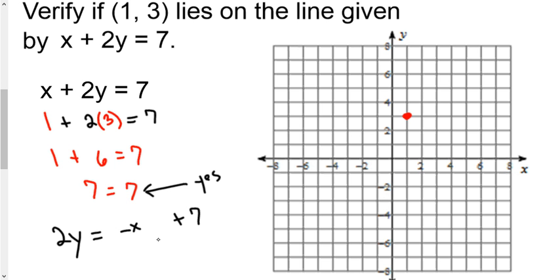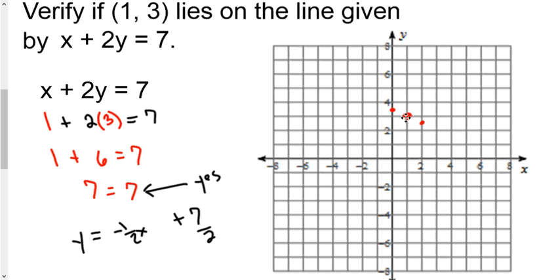So it's going to be negative 1/2 x plus 3.5. But we'll just write it as 7/2. So let's go to 3.5. There we go. That's our y-intercept. And now let's go down 1 and over 2.